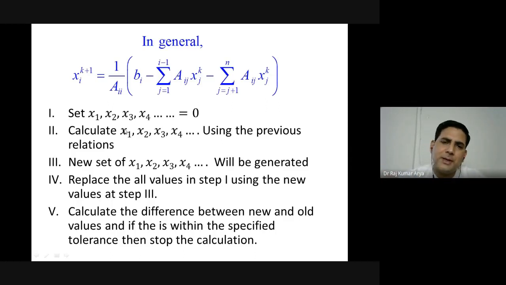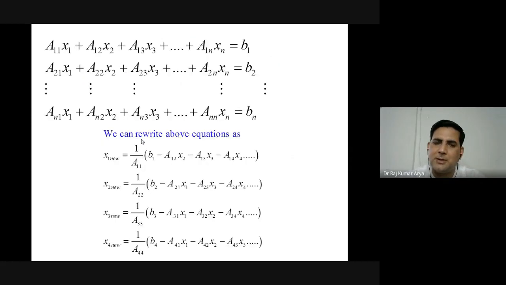Step 2: go back to the equation. This is the general form, or if you don't understand it for the time being, go back to the previous one. Convert it into the diagonally dominant format, and then substitute your x2, x3, x4 and all other variables into it. You will get a new value of x1.